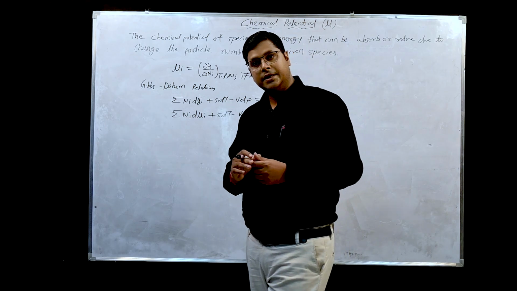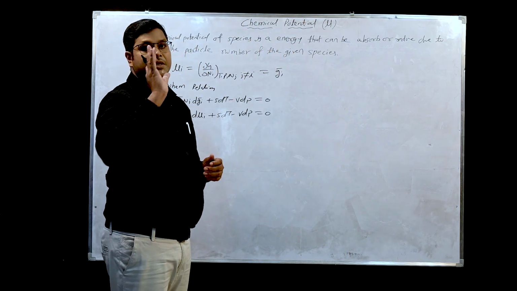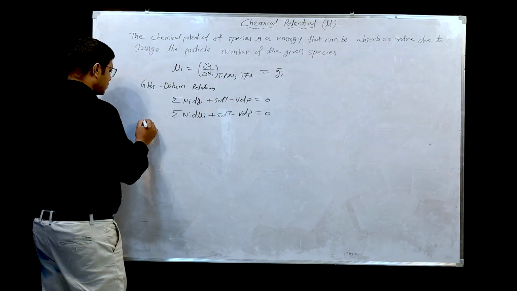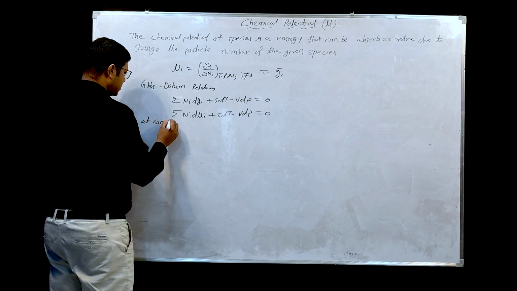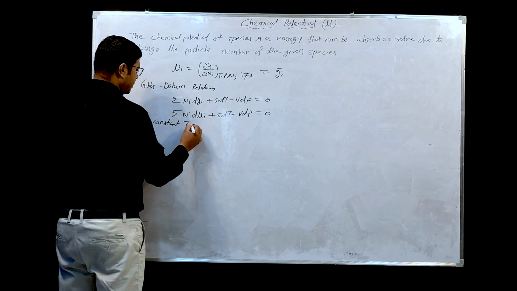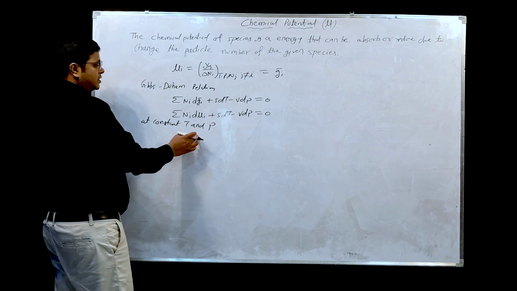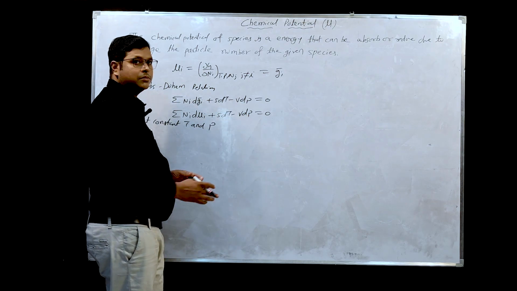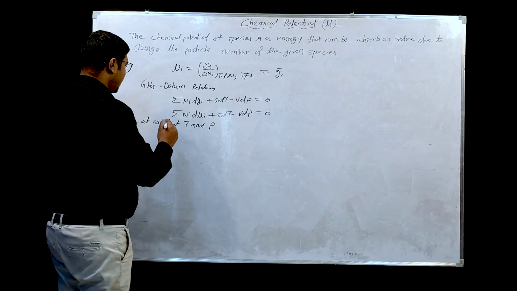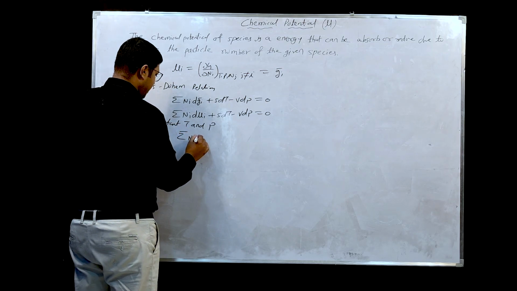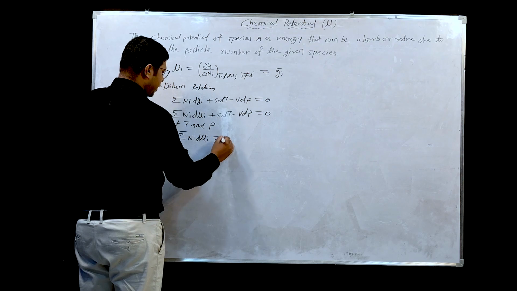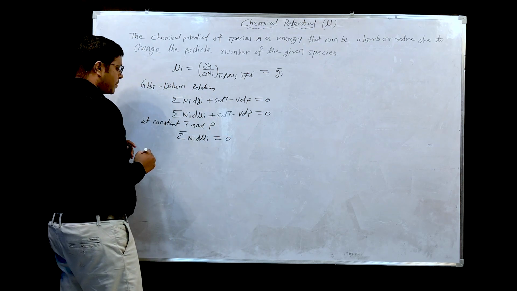Let's consider the condition where temperature and pressure are constant. At constant temperature and pressure, these two terms become 0, and we can write sigma of Ni dμi is equal to 0.